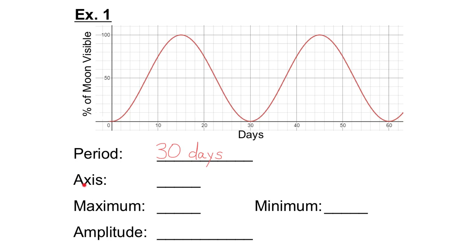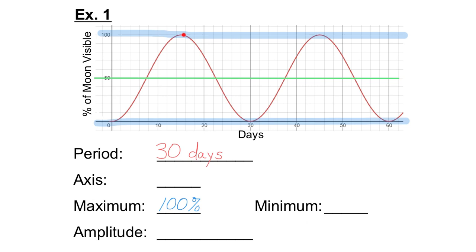Now the axis, the definition I had on the screen before was the axis is the central line between the maximum and minimum values. Well, the maximum value on this function is 100, the minimum value is 0, and so the central axis is going to be halfway between the maximum and the minimum at 50. So I'm not just going to write 50 here, I'm going to write the equation of this line, which would be y equals 50.